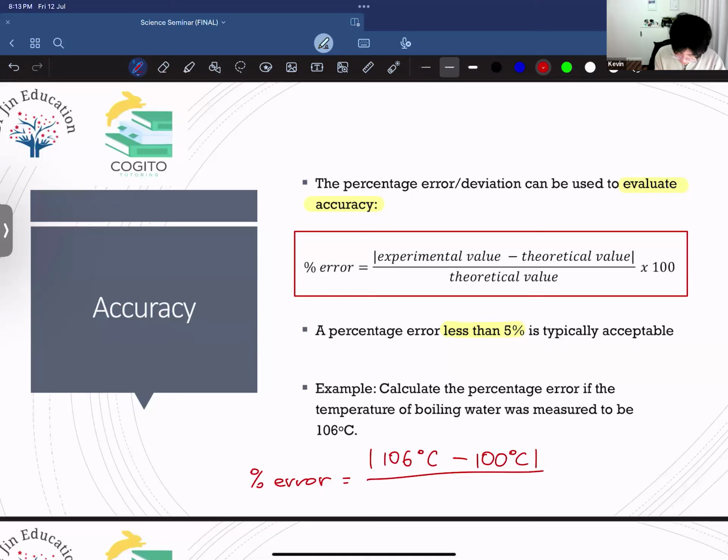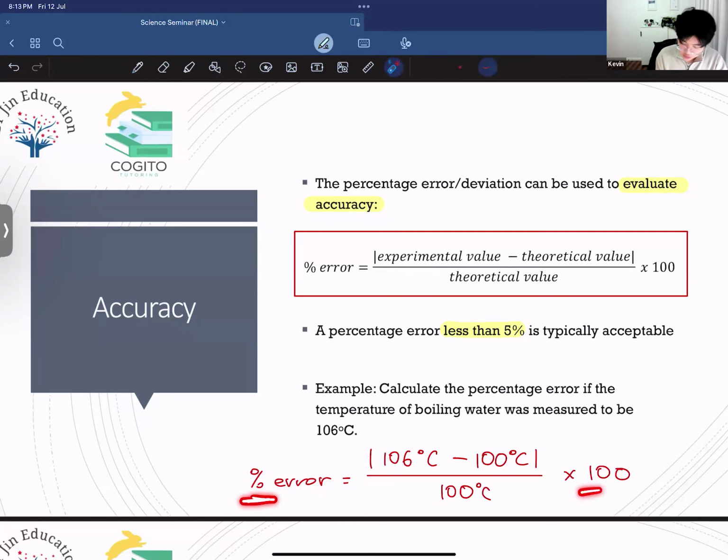And then you divide this by 100 degrees Celsius, and then you times this by 100 because it's a percent. That's why you have to times by 100. And when you calculate this, it should just be 6%. And because it's 6%, using my 5% rule, this is not really acceptable.